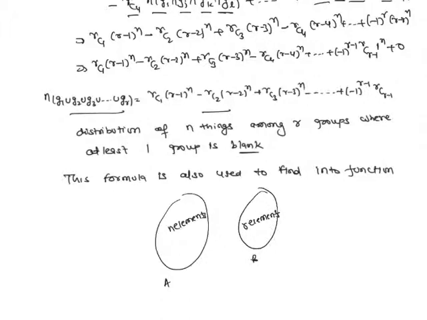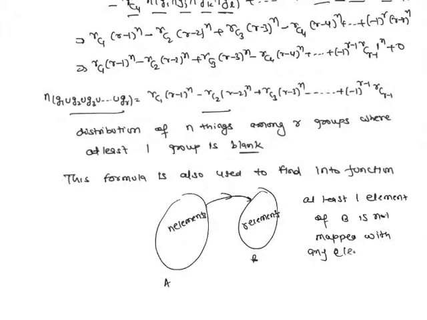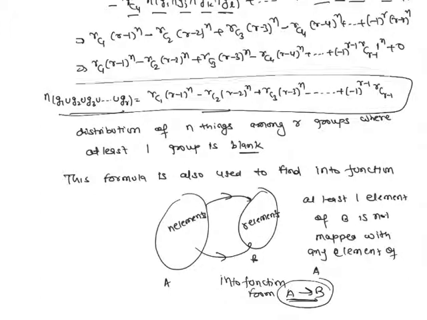Then for a mapping from set A to set B in such a way that at least one element of B is not mapped with any element of A, we can say this function is an into function from A to B. The number of such functions we can find out by this formula.